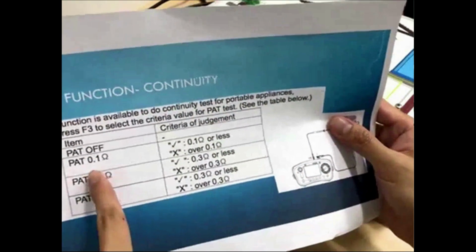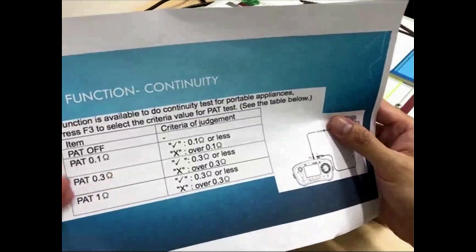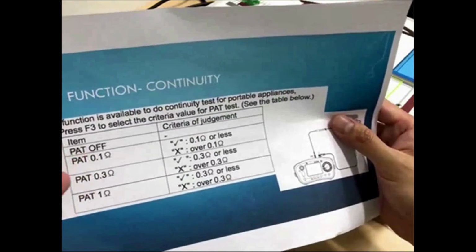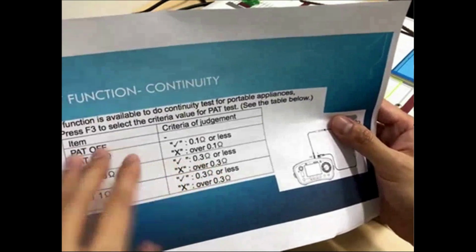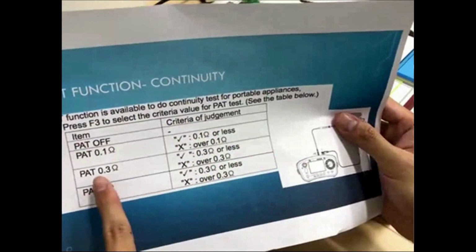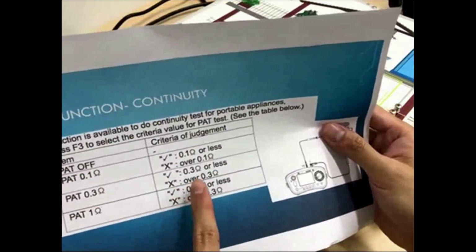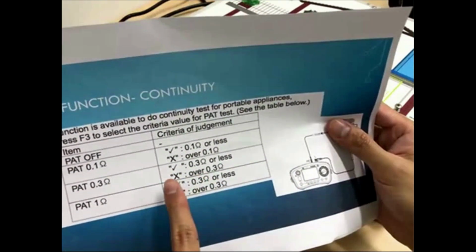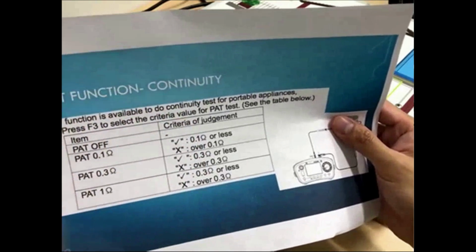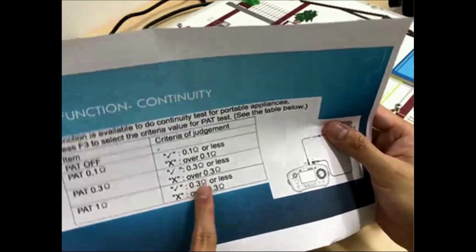If you set to 0.1 ohm, there is a standard. This is the appliance standard. You all go and read what is the appliance standard. So I think this is a safety standard. If you set to 0.3 ohm, if 0.3 ohm or less, it will show you an okay mark. So it means your appliance is safe to use.